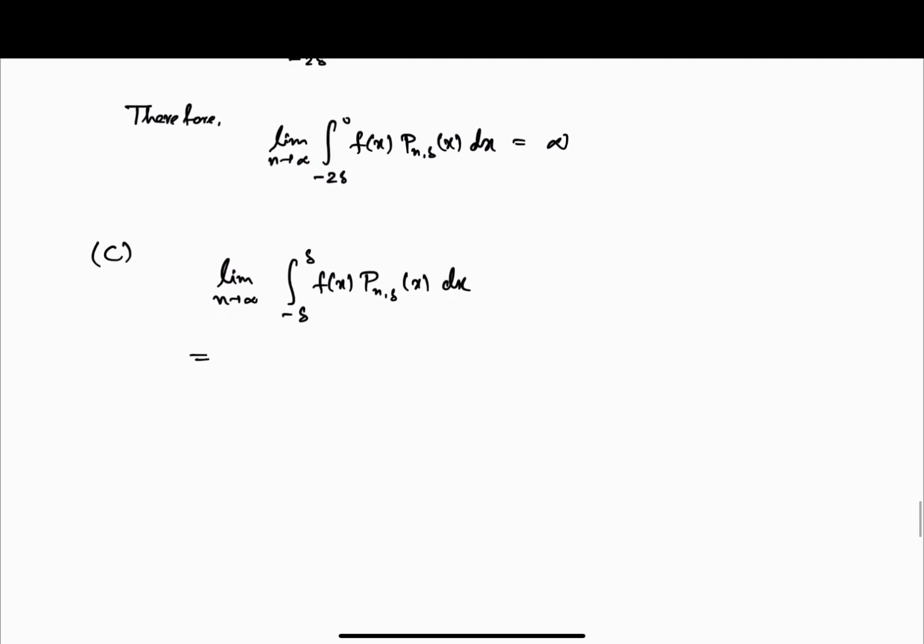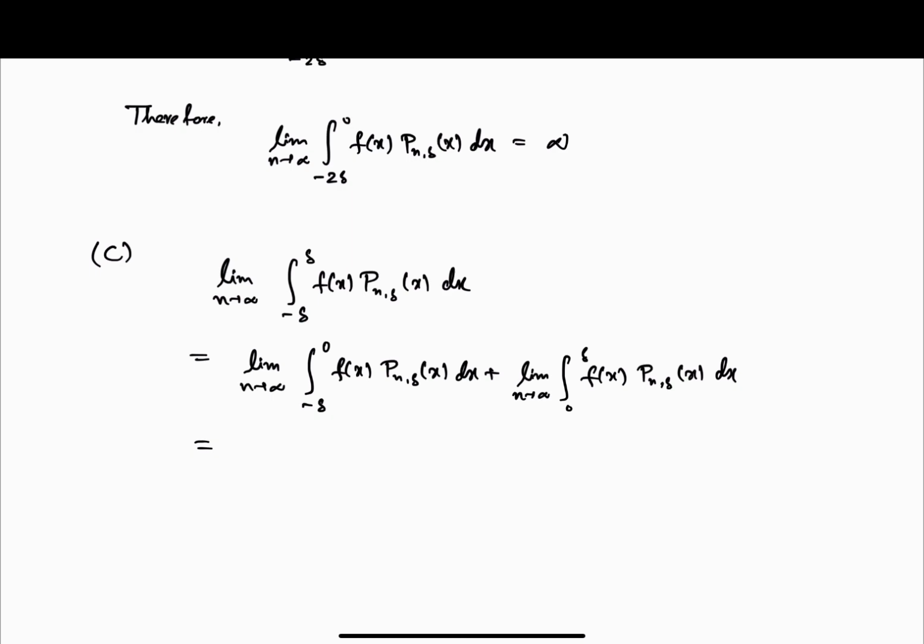So this you can write again in two parts: limit n tends to infinity, minus delta to 0, f(x) p_n delta(x) dx, plus limit n tends to infinity, 0 to delta, f(x) p_n delta(x).